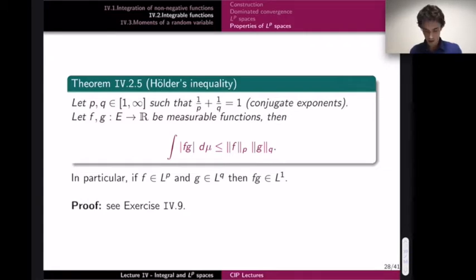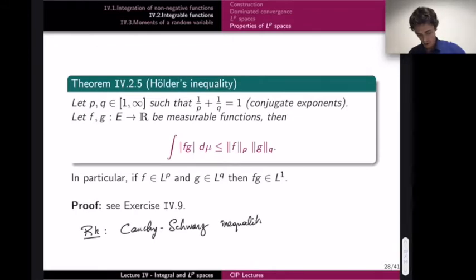I will first make a remark concerning the Cauchy-Schwarz inequality, and then another remark on finite measures. The Cauchy-Schwarz inequality is actually the case P equals Q equals 2.